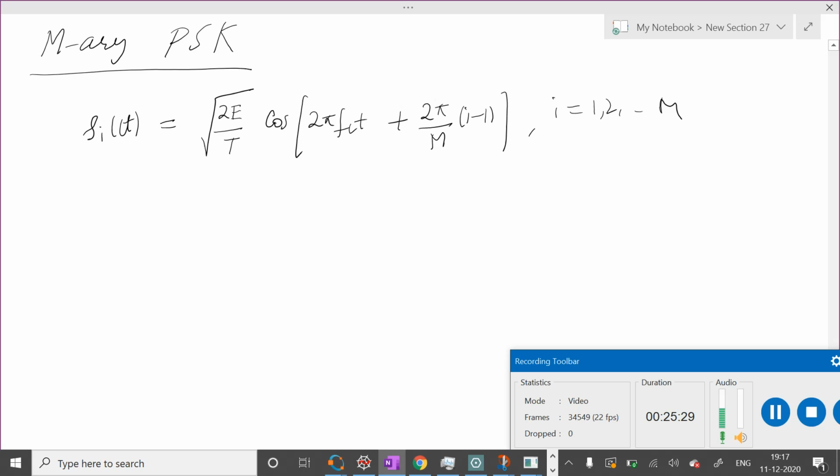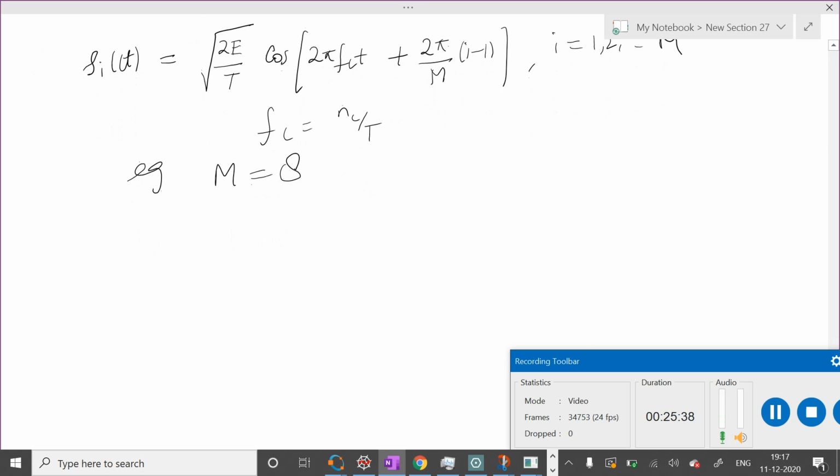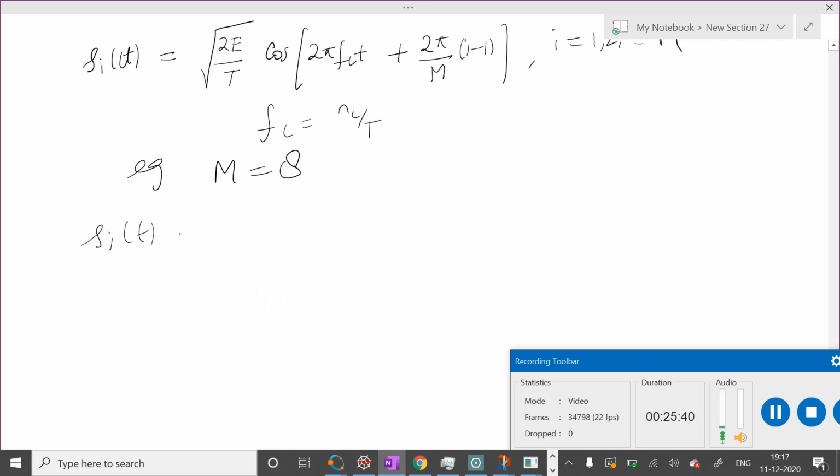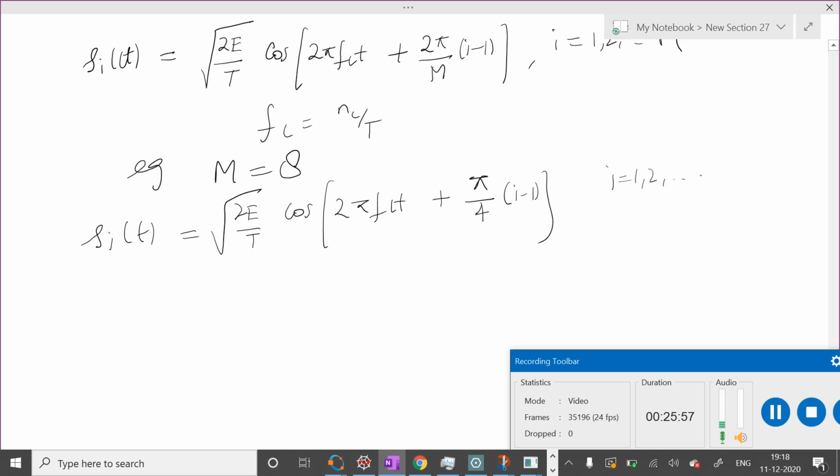E is the energy of the signal per symbol, and the carrier frequency fc is nc by T. As an example, if I take M equal to 8, how will this signal look? Cos of 2 pi fct plus, since M is 8, it becomes pi by 4 times (i minus 1), and i is equal to 1, 2 up to 8, right?